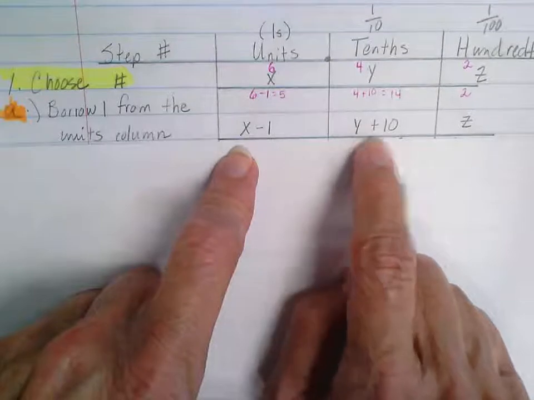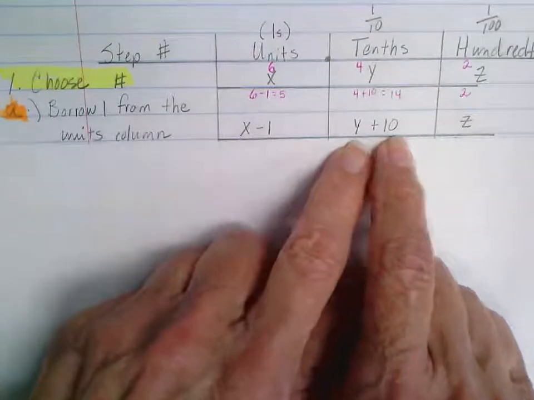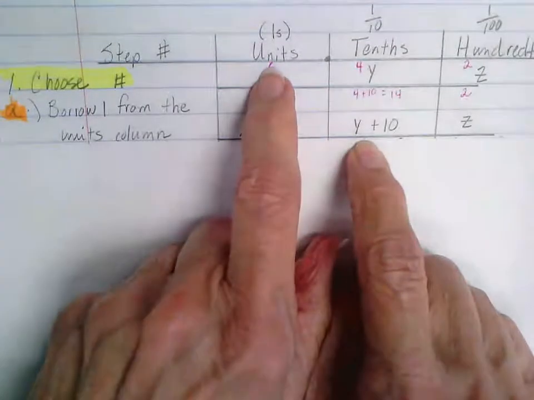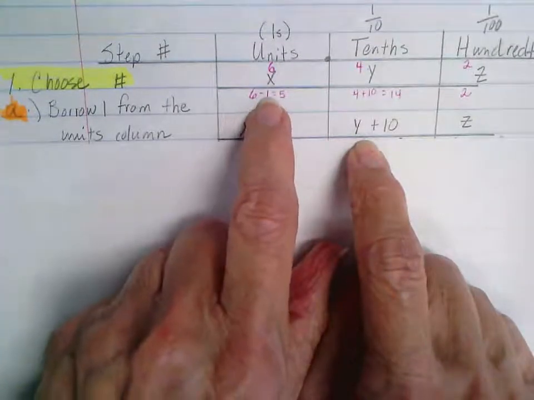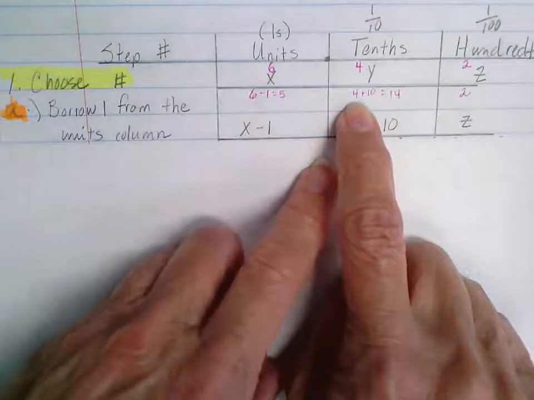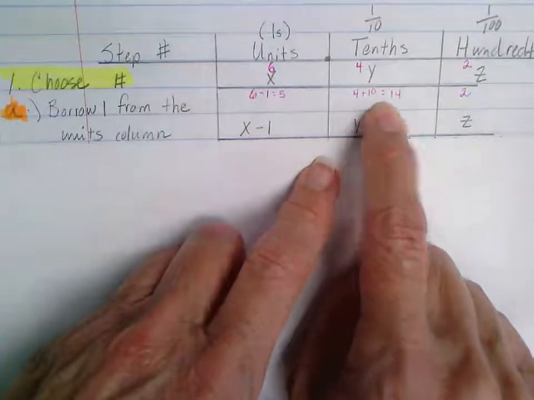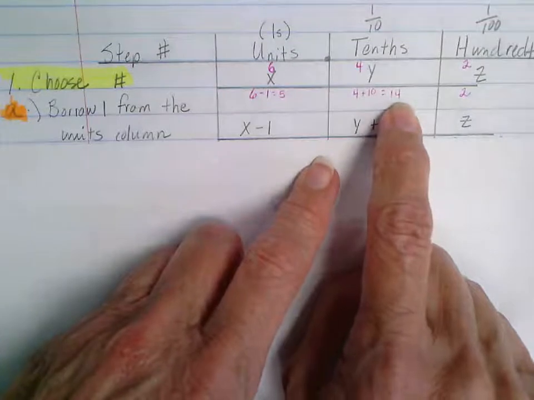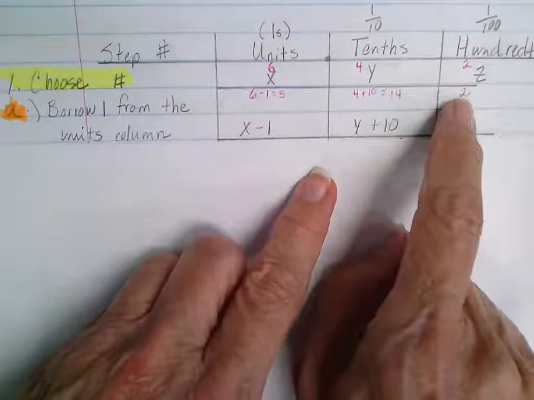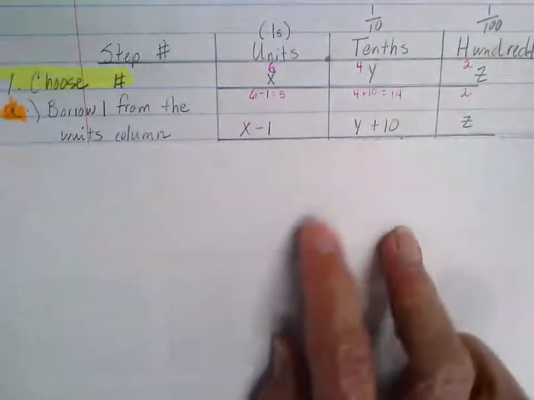So we're going to add that to Y, and we're going to leave Z alone. So in our example here, we're taking 1 from 6 and getting 5, and we would end up with 10 plus 4, we would end up with 14 tenths. And we would still have Z, or 2 hundredths here.